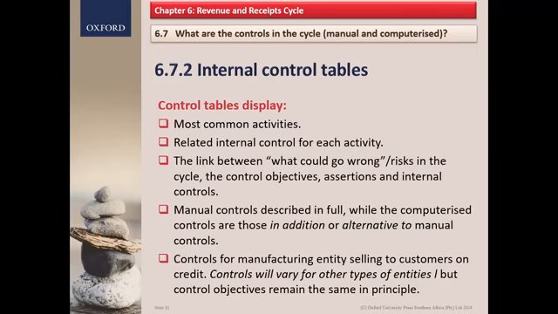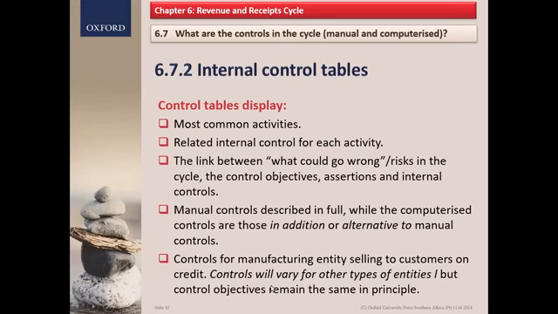Manual controls are described in full, while the computerized controls are those in addition or alternate to the manual controls. Then we look at controls for manufacturing entities selling to customers on credit. Controls will vary for other types of entities, but control objectives remain the same in principle for all entities, whether manufacturing or non-manufacturing.